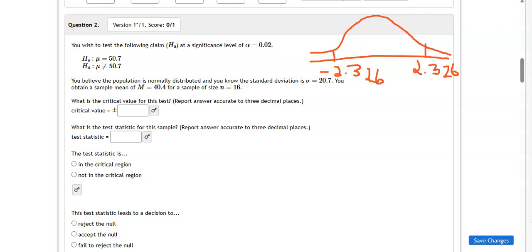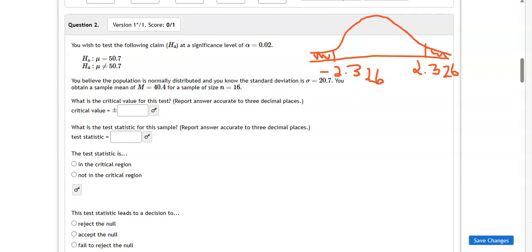So this rejection region over here, and this is the rejection region over here. So we're going to do our test statistic in the second part right here. And if we get something that is in this region right here, that is less than negative 2.326, or something that is greater than 2.326, we reject the null hypothesis if it's in that rejection region.